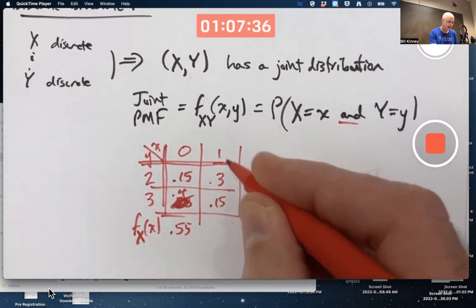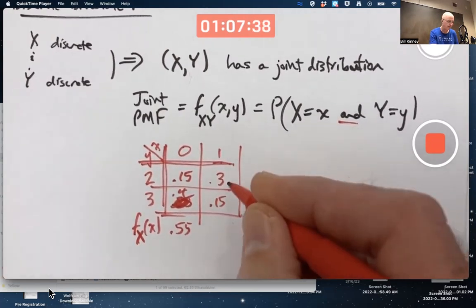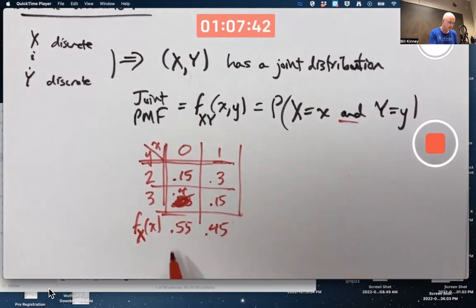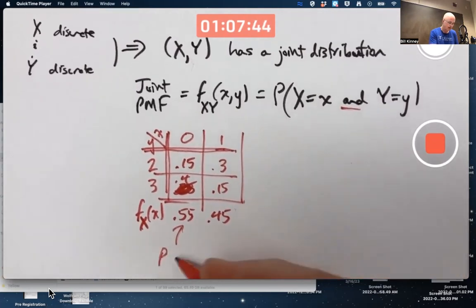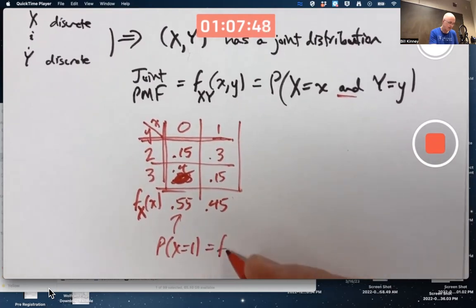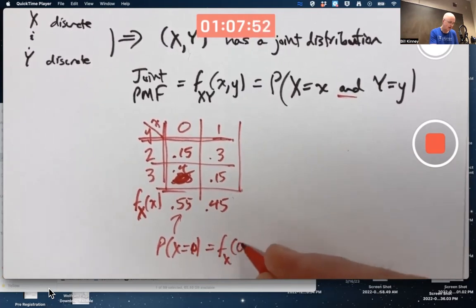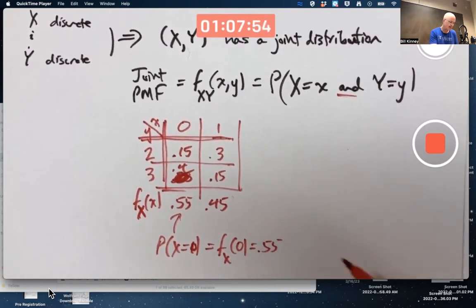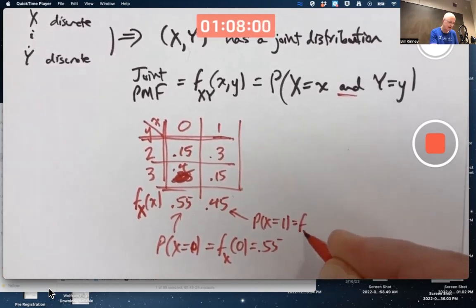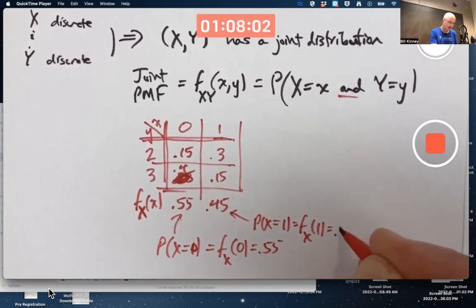And X will take on a value of 1 with the sum of these two numbers. The probability that X equals 0 would be the value of this function at 0, which is 0.55. And this 0.45 would be the probability that capital X equals 1. You could call that f sub X of 1 is 0.45.